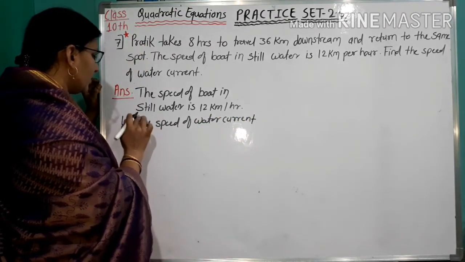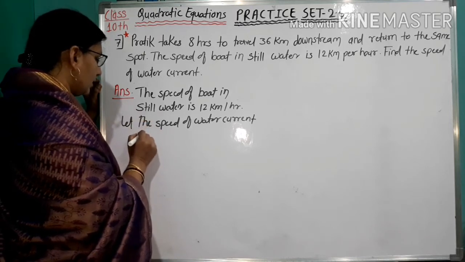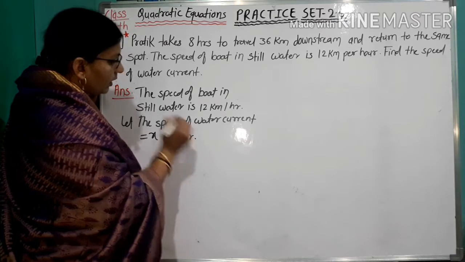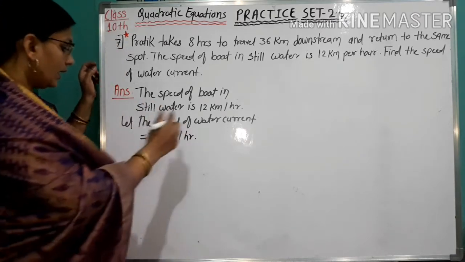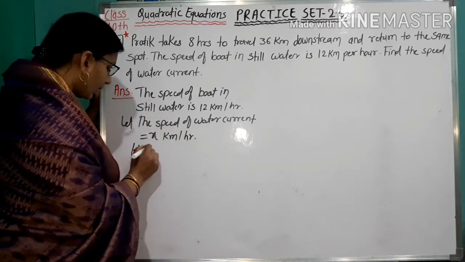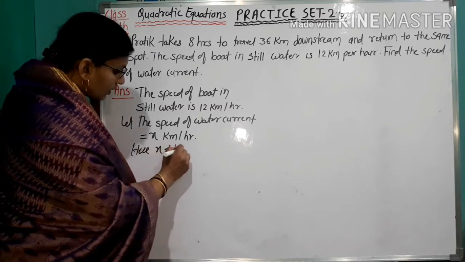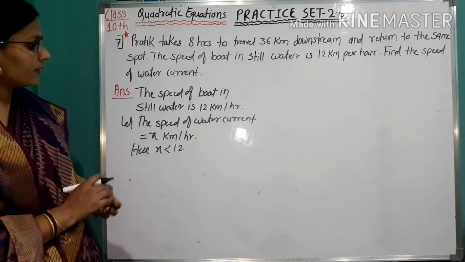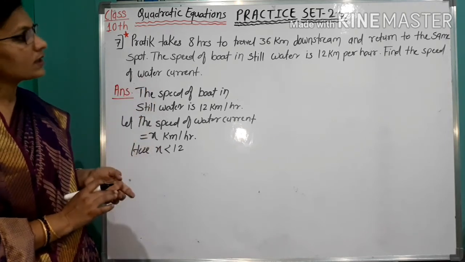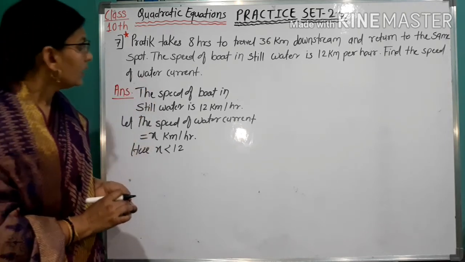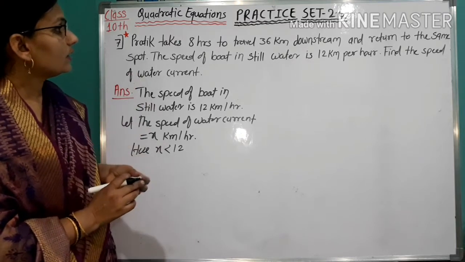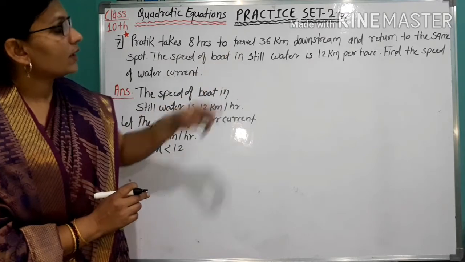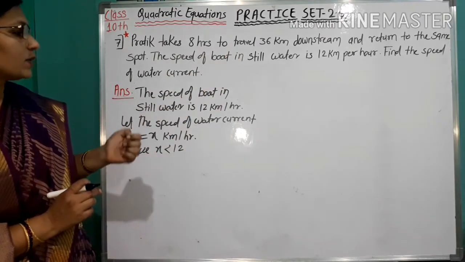Let the speed of water current equal to x km per hour. And here this x is less than 12. Speed of water current is always less than speed of boat in still water. Now, Pratik travels 36 km downstream and returns to the same spot.